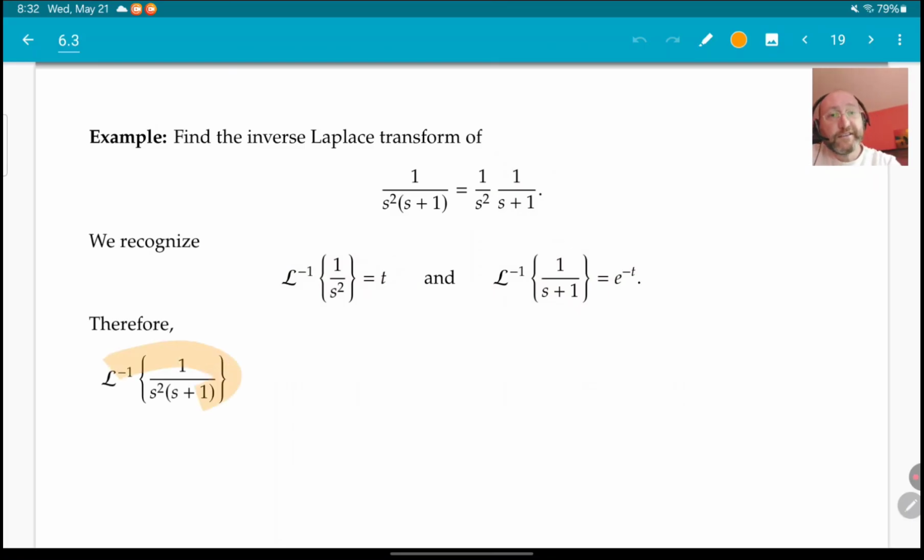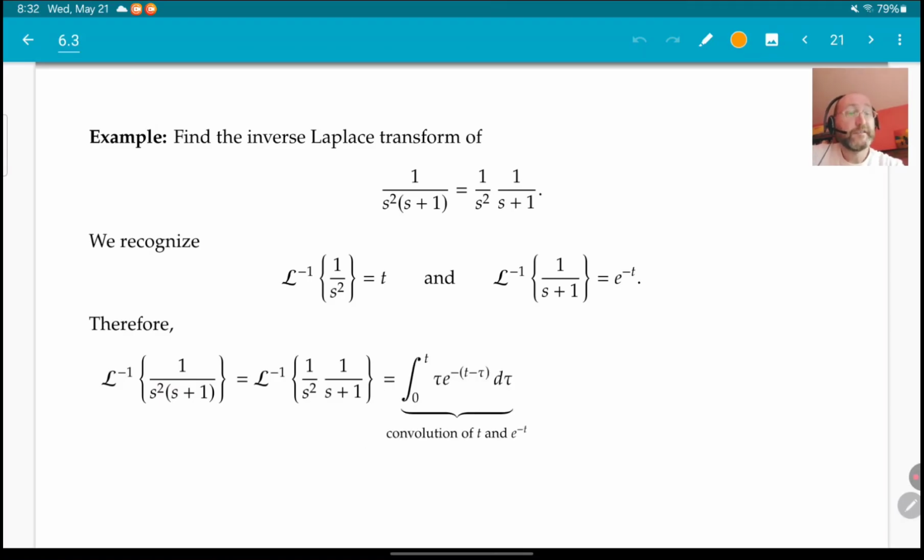And so the inverse Laplace transform of the product is the convolution of t and e to the minus t. It's almost like the thing we just saw. Again, it's just integration by parts. This minus sign is a little annoying, and so we get this formula over here.